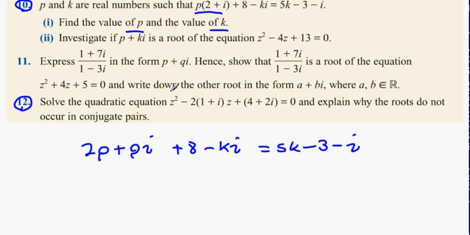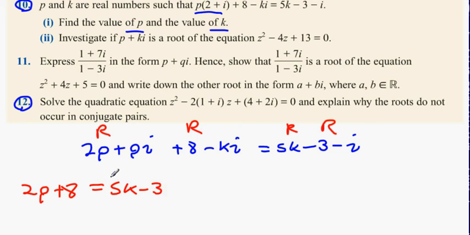Then we're going to mark off the real numbers here, so we have a real, and real. So we're going to have 2p plus 8 equals 5k minus 3. Bring the 5k over, minus 5k plus 2p. And then bring the 8 over the other side equals minus 11.